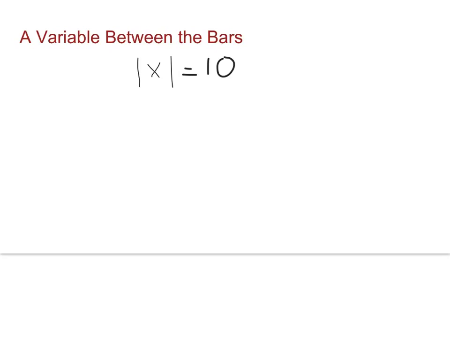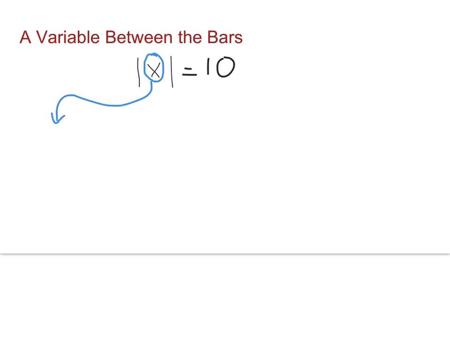And remember, we're trying to find solutions to these equations. What that basically means is, are there any numbers that we can put in for x that have an absolute value of 10? And as it turns out, since we know that absolute value means how far a number is from the origin on a number line, we can basically take this x and plug two numbers in.